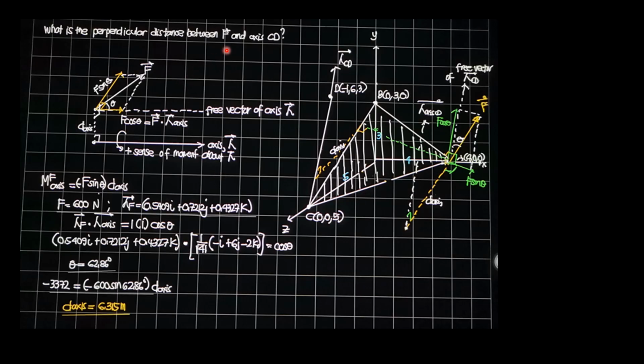And here is the follow-up question. What is the perpendicular distance between F and axis CD? So in general, if this is the force F and this is the inclined axis CD, or any axis or line, then this is the free vector of the axis, lambda. And we resolve F into two components.